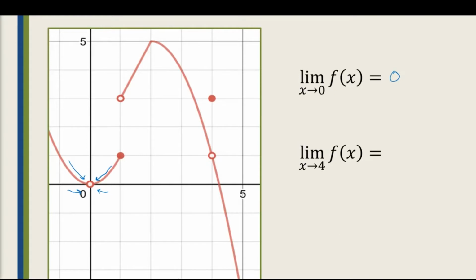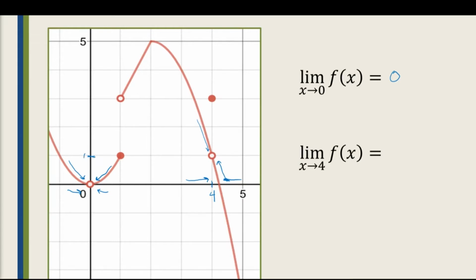Now, if you look here when x is 4, you see that the function is defined at 4, so f of 4 exists, but there is a jump in our graph at that point. And if you look at what happens as x gets close to 4 from either side, our function is actually approaching 1, it looks like.